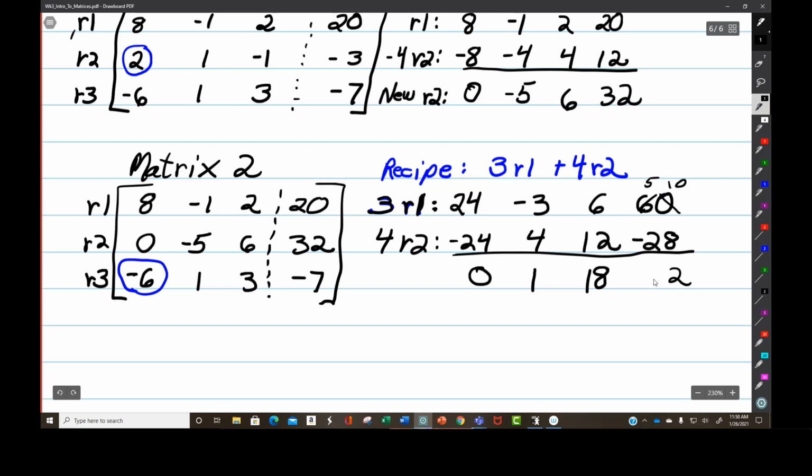And 5 minus 2 is 3. So this is going to be 32. And this is going to be my new row 3. I called that row 2. This is not row 2, it's row 3. Row 1 and row 3.